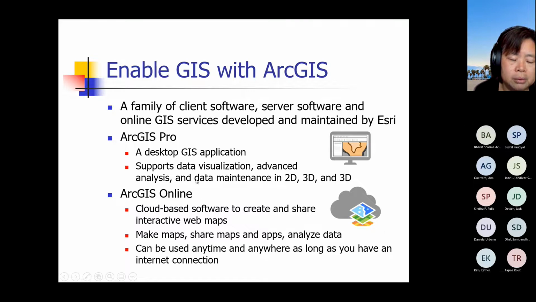That's ArcGIS Pro. And ArcGIS Online is also a very popular product. It's a cloud-based web application. It has quite similar functions to ArcGIS Pro, not as sophisticated, but for most work we can just use ArcGIS Online. In other words, you don't need to download and install ArcGIS Pro on your computer.